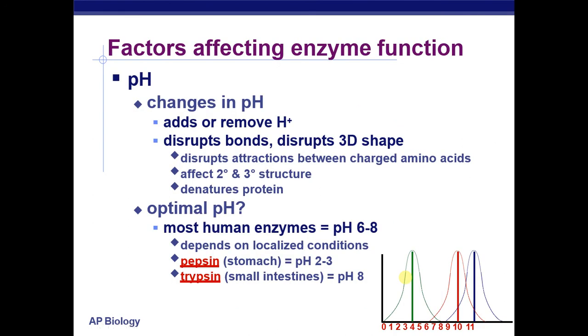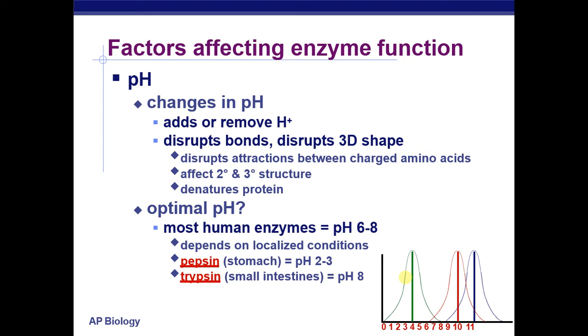So again, changes in pH can affect enzyme function by adding or removing hydrogens, because a basic environment will remove hydrogens and an acidic one will add them. And it disrupts the bonds in the 3D shape, in the secondary and the tertiary structure of our enzyme proteins.